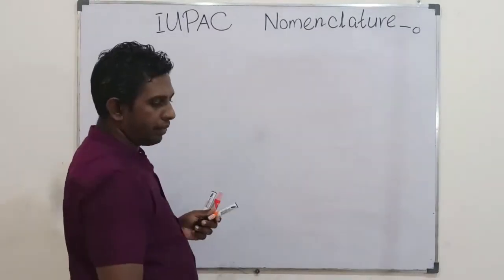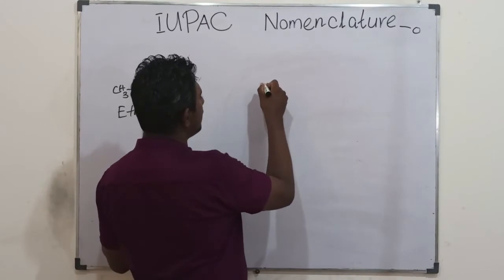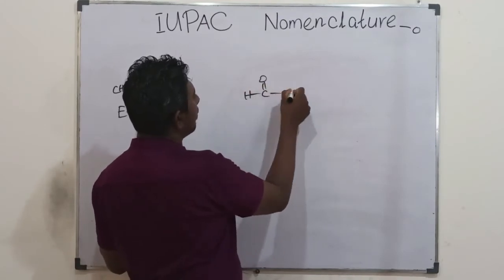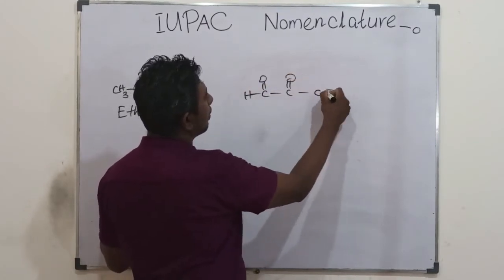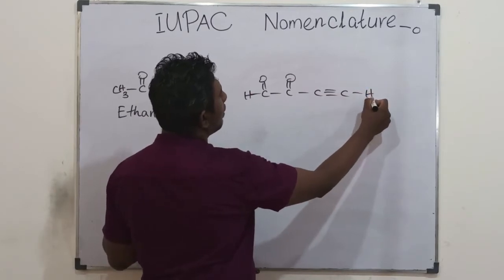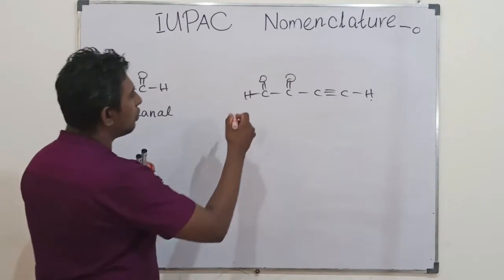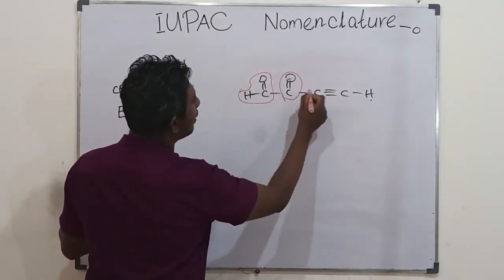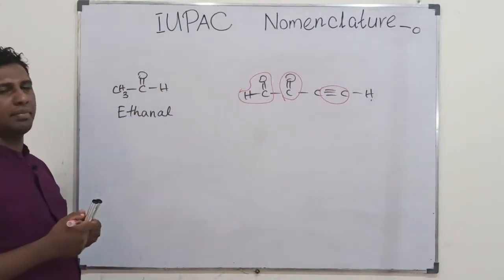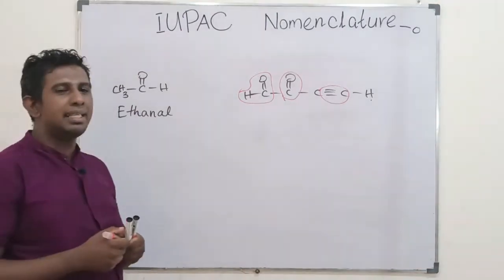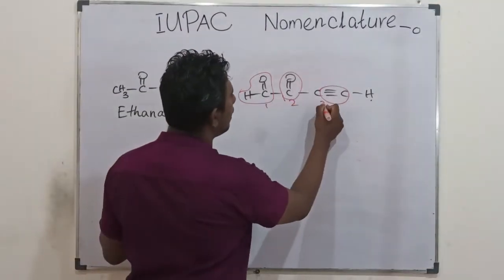Students, when you have a substance like this, what would you call it? You are having the functional groups aldehyde, ketone, and alkyne. Out of those, the aldehyde is the prominent, so it's 1, 2, 3, 4.